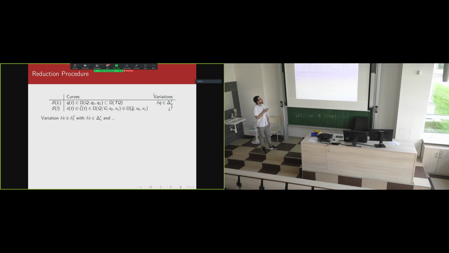So we have one part which is a lifted curve, which is defined in the quotient manifold with fixed points S0 and S1, which are the projection of the Q0, Q1 we had before.